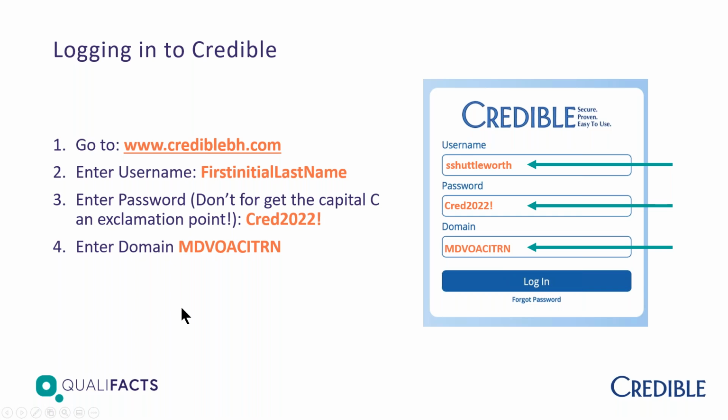Your production domain and your training domain, remember, they don't communicate, so they're going to end up being 2 separate passwords. So if you're trying to use the password that you created for just VOACI, you'll have to log in here into the TRN with this temporary password first, or the separate password.